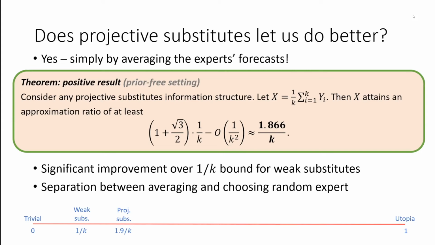And interestingly, we now have a separation between how well choosing a random expert does and how well averaging does. That is, averaging gets us a strictly larger approximation guarantee, which was not the case for weak substitutes.